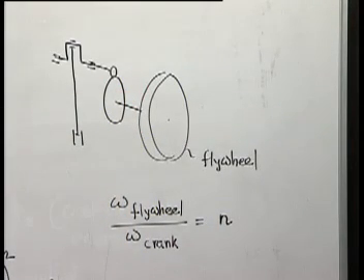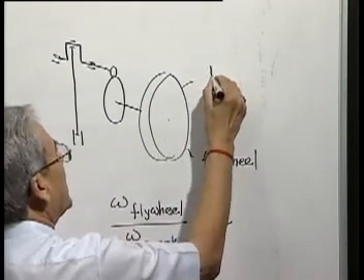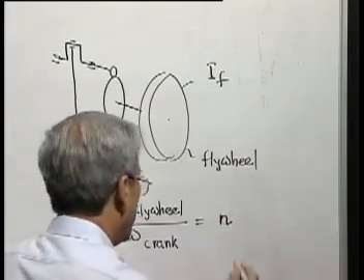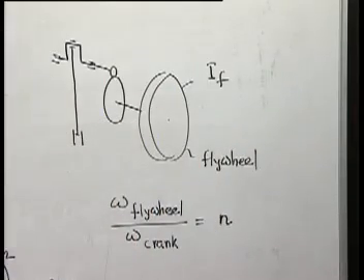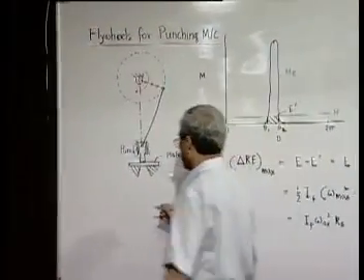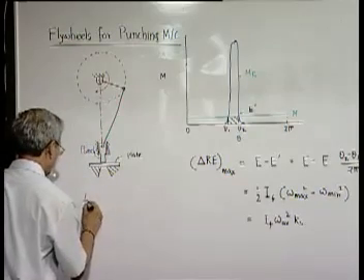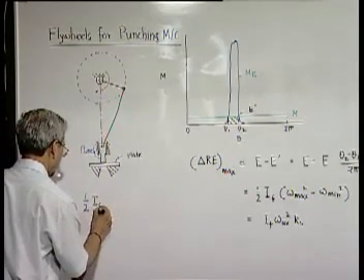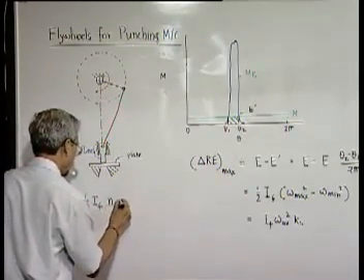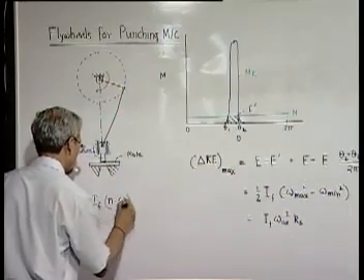Now what happens if If is the moment of inertia of the flywheel, the system kinetic energy then becomes half If into n omega square.